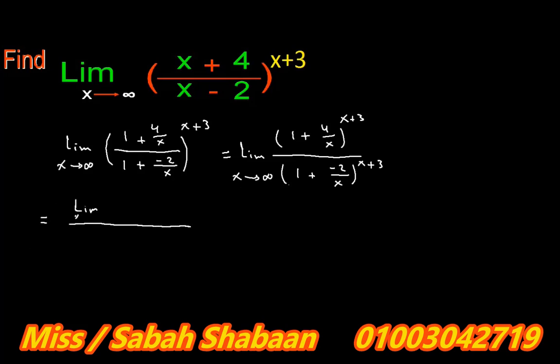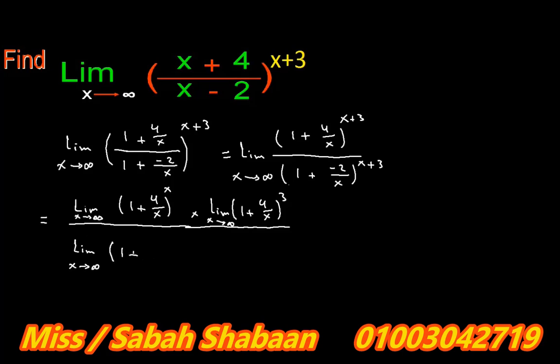Using the rules of limits, we have the limit of (1 + 4/x)^x times the limit of (1 + 4/x)^3 as x tends to infinity, divided by the limit of (1 + (-2)/x)^x times the limit of (1 + (-2)/x)^3.